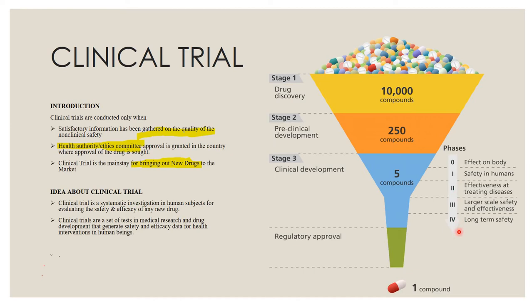Stage 3, clinical development, is the clinical trial, which includes these 5 phases, and lastly the regulatory approval, whether the drug is to be launched on the market. So our topic, drug discovery and chemical evaluation, is a part of this entire process. The first stage is drug discovery, followed by preclinical development, then clinical development or clinical trial, and followed by regulatory approval so that the drug is launched in the market.